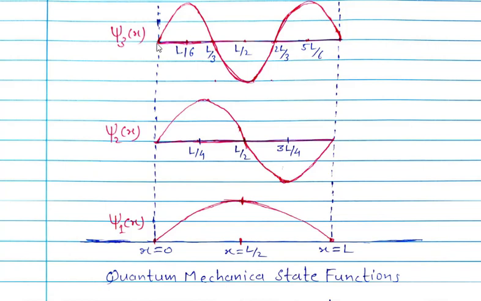Whereas at x equal to 0, L by 3, 2L by 3, and L, the value of psi 3 of x comes out to be 0. So if the particle is in the second excited state, then the second excited state wave function will behave like this. These are the plots of the quantum mechanical wave functions of the particle confined inside a one-dimensional rigid box.